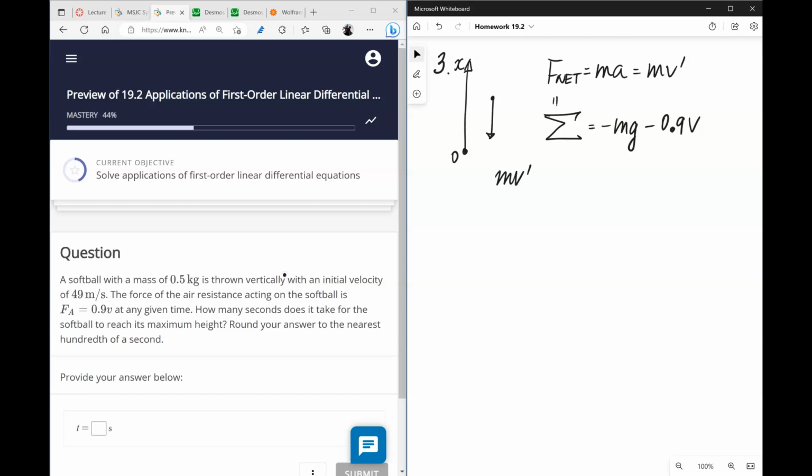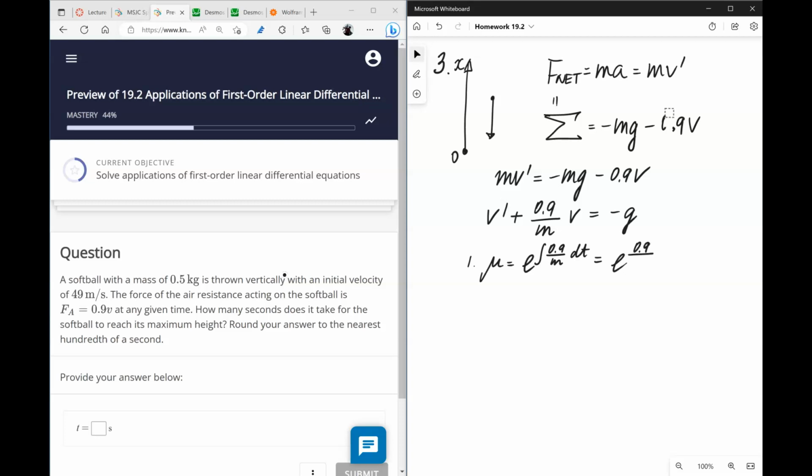We have mv prime equals negative mg minus 0.9 V. We divide everything by m, add 0.9 V to both sides, find the integrating factor. Let's just call this some air resistance coefficient. Let's call it A. Again, let's just have fun with that.